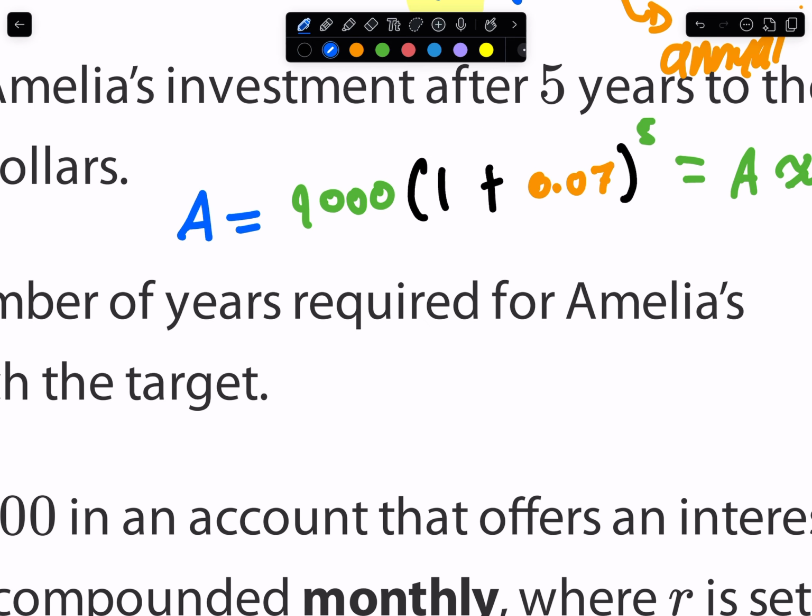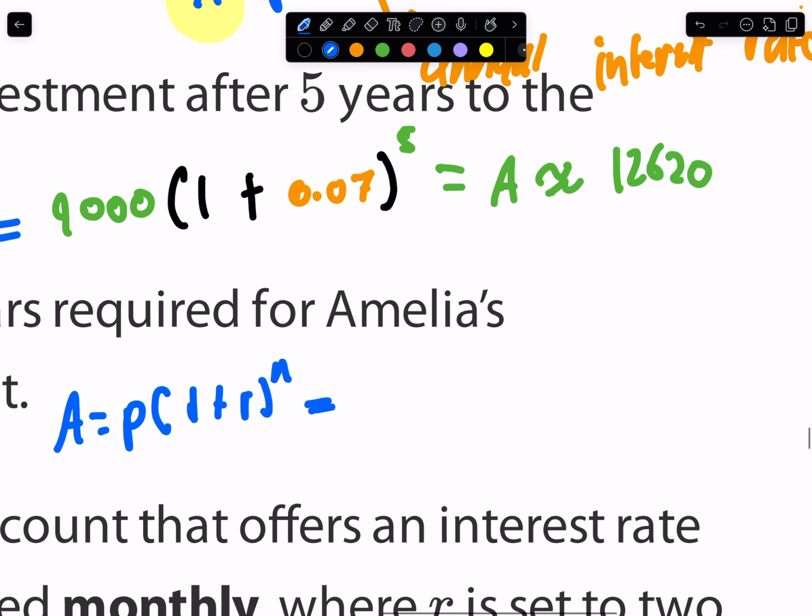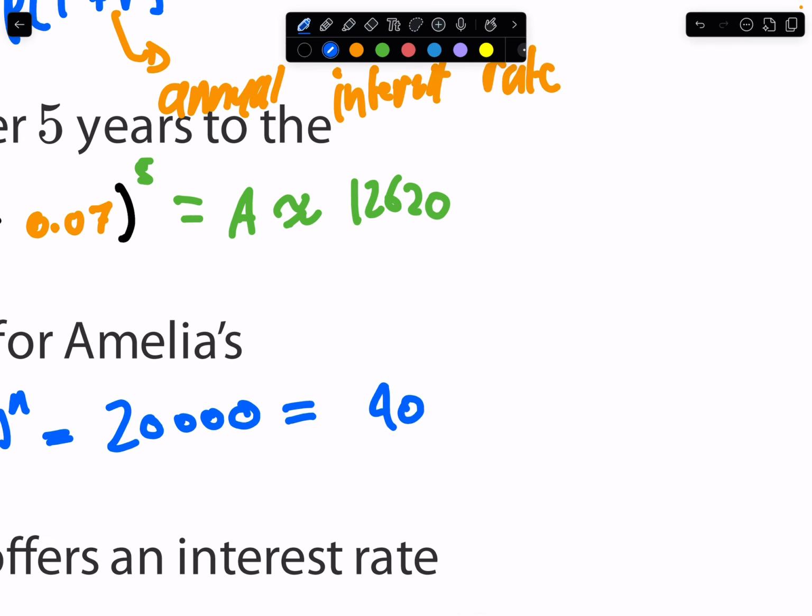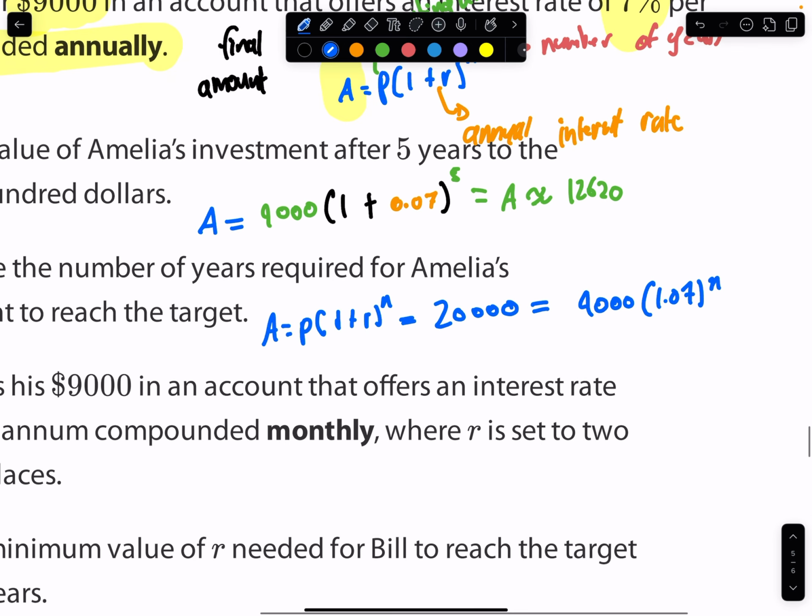Again, A is equal to P(1 + R)^n, which is 20,000 equal to 9,000(1.07)^n.